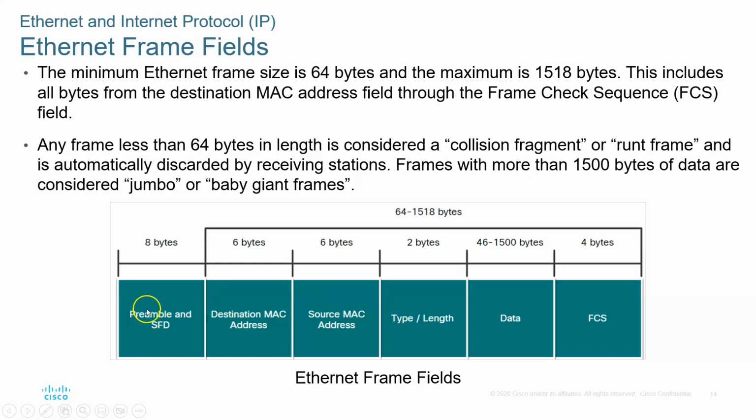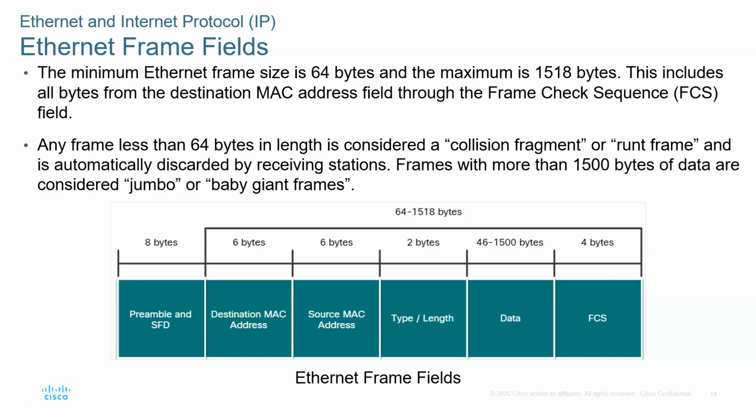The preamble is really 7 bytes of alternating ones and zeros. That's 56 bits. And then 1 byte of a 0, six ones, and a 0. But this is only applicable if you have an old 10BASE-T, 10 megabits per second Ethernet NIC.